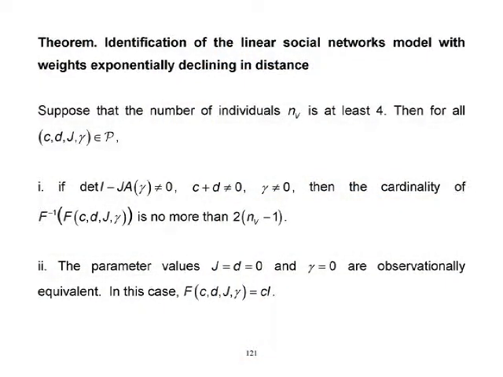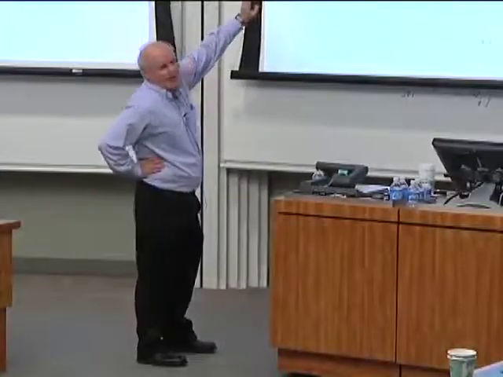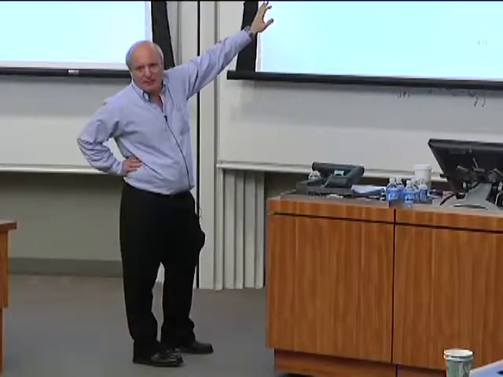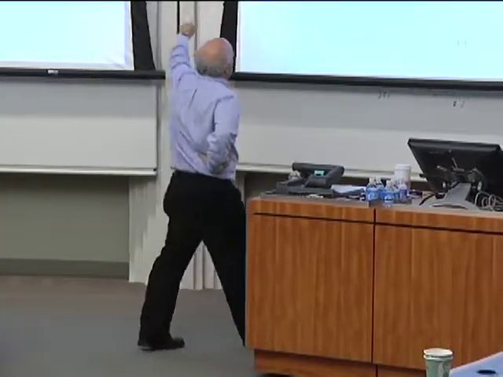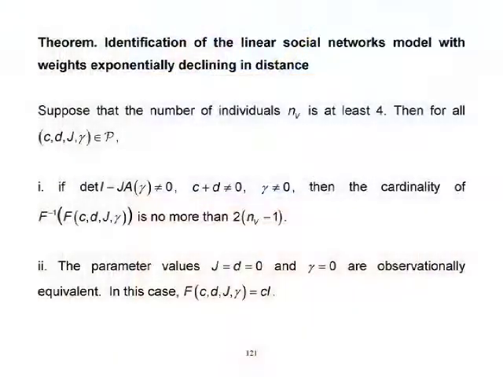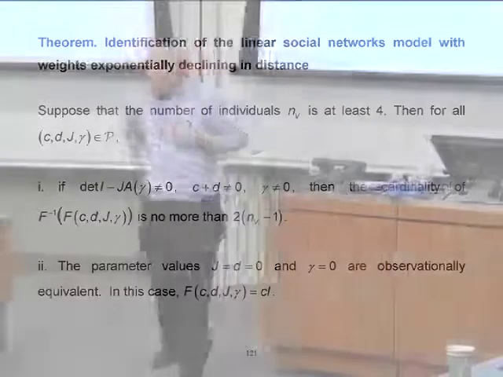You need at least 4 individuals in this population, I misspoke. What you can show is, actually, the model isn't identified, but it has a property called complete identification, which means that there's a finite number of parameters that are consistent with the system. And you can show the cardinality is actually 2 times the population size minus 1.